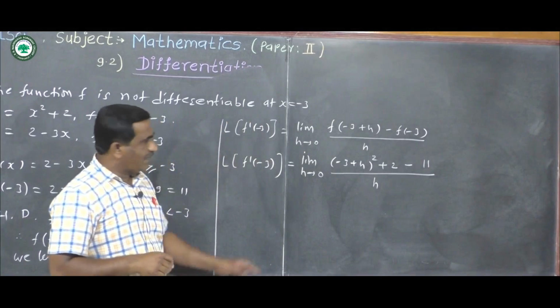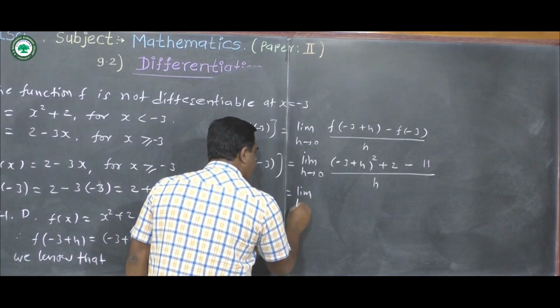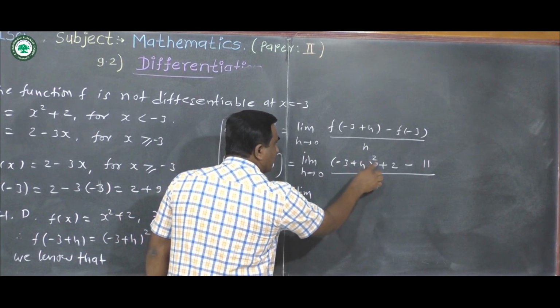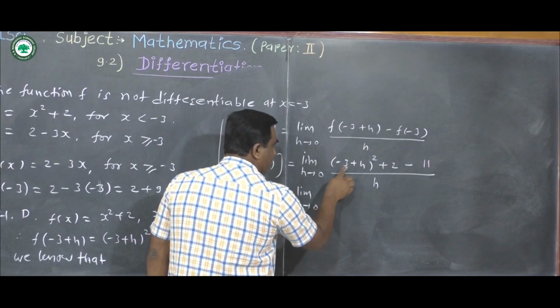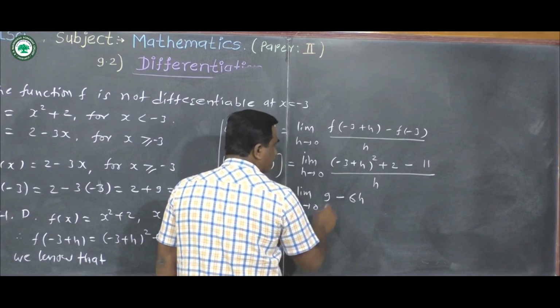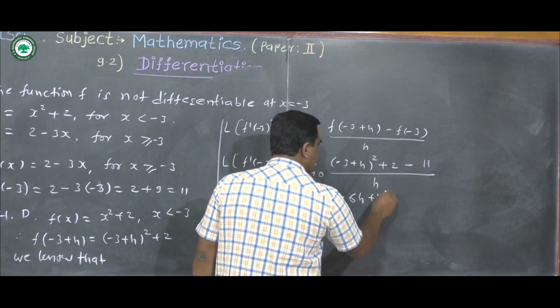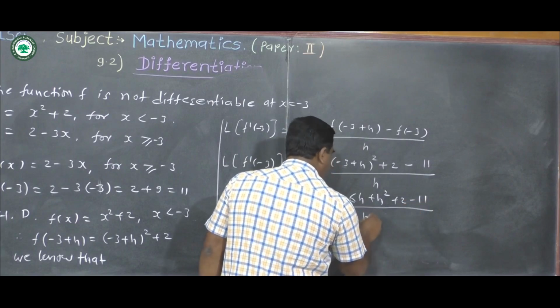Okay, now we can take expansion for this bracket, that is equal to limit h tends to 0 of [(-3)² + h² - 2·3·h... that is 9 - 6h + h² + 2 - 11] upon h.